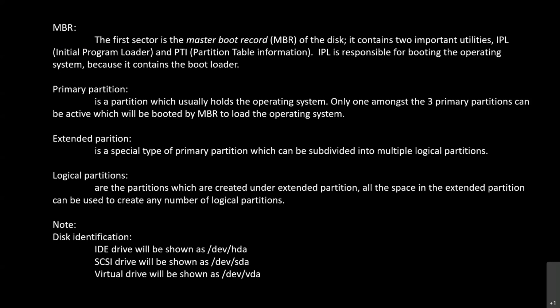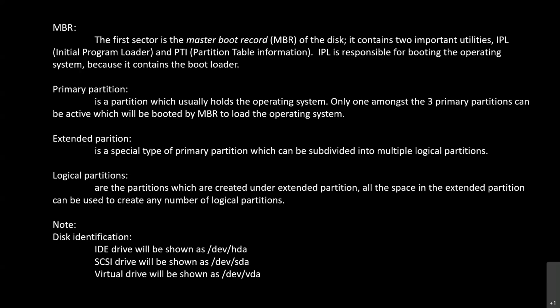Next, the primary partition. A primary partition is a partition which usually holds the operating system. Only one among the 3 primary partitions can be active, which will be booted by the MBR to load the operating system. For example, /boot.